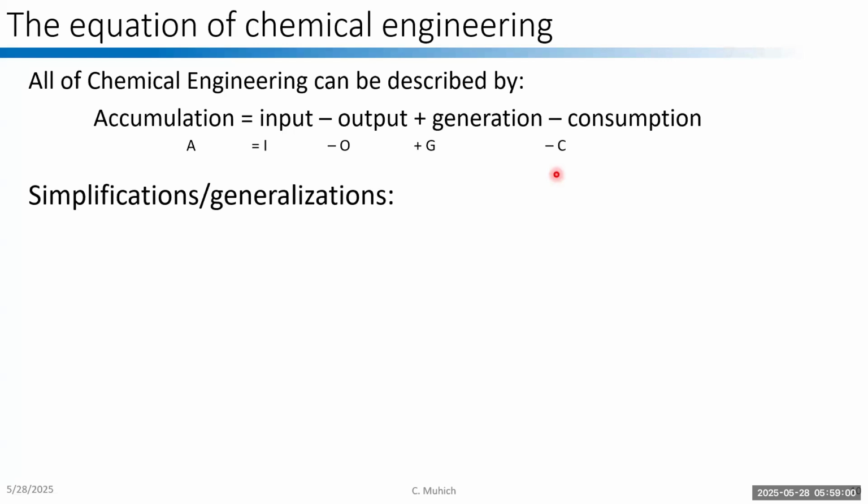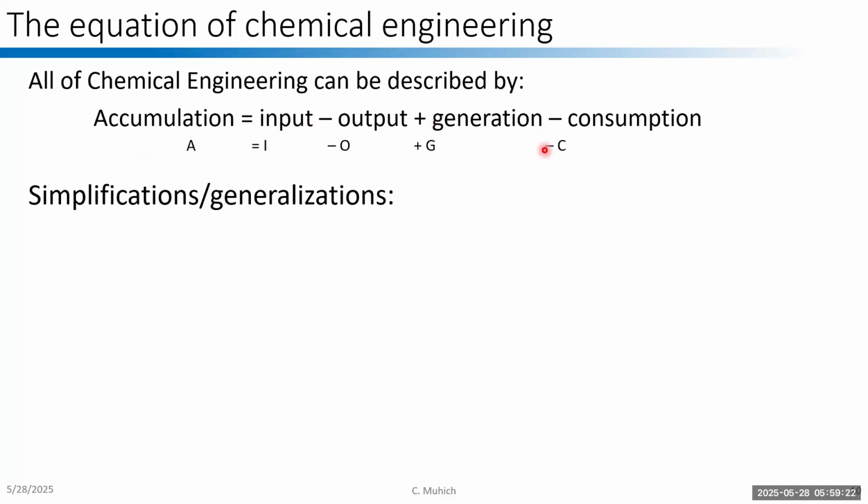Okay, so let's make some simplifications and generalizations on this equation. Sorry, let me go back before we do that. For the rest of your time as a chemical engineer, everything is going to be thought about in terms of this equation. And the trick in chemical engineering is, how do I assess what these terms are?